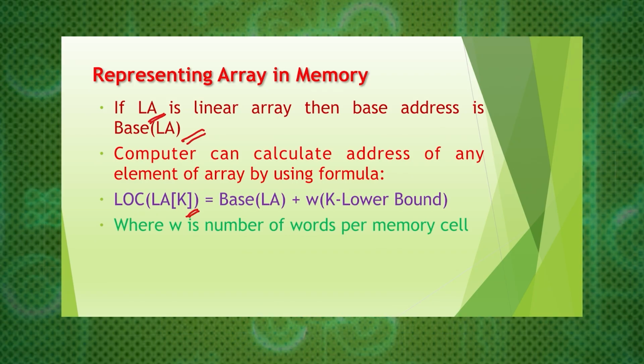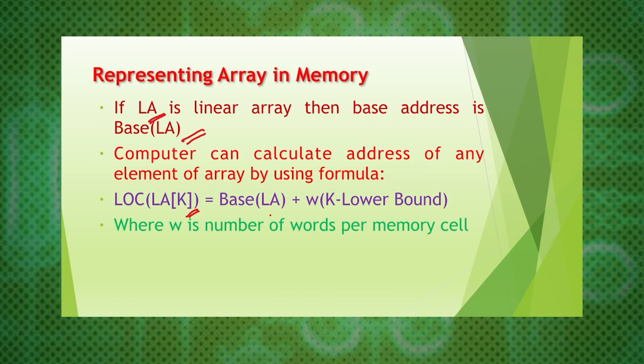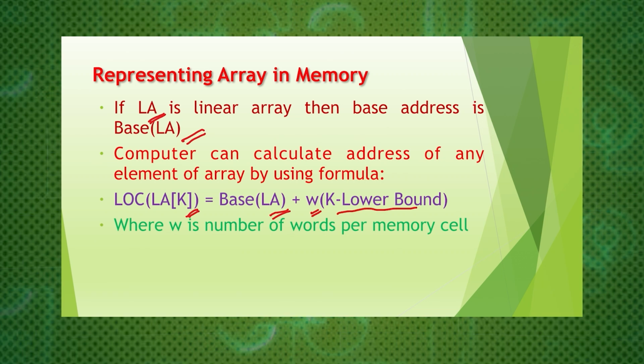Whatever the lower bound is, we subtract it from the Kth position and multiply by W, where W stands for the number of words per memory cell.